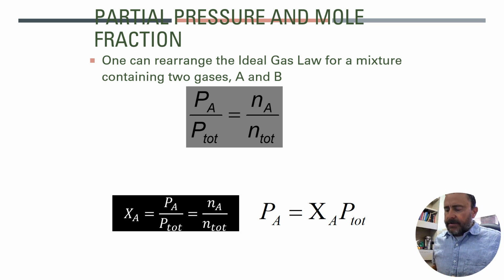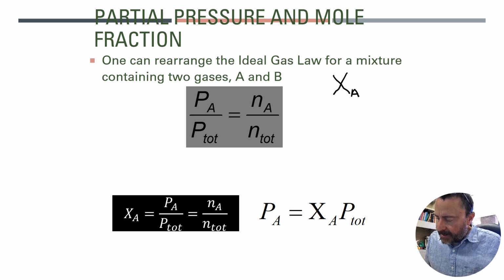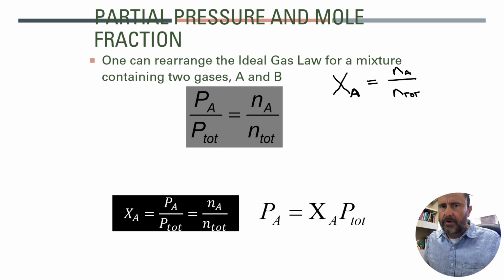To find the mole fraction, the mole fraction is given by the symbol chi, that's an x as far as we're concerned. So the mole fraction of some gas A, actually the mole fraction for anything, but we're talking about gases here, is the number of moles of whatever we're talking about divided by the total number of moles.